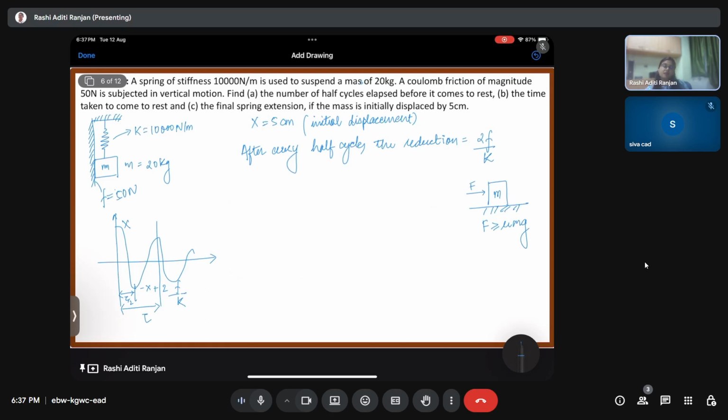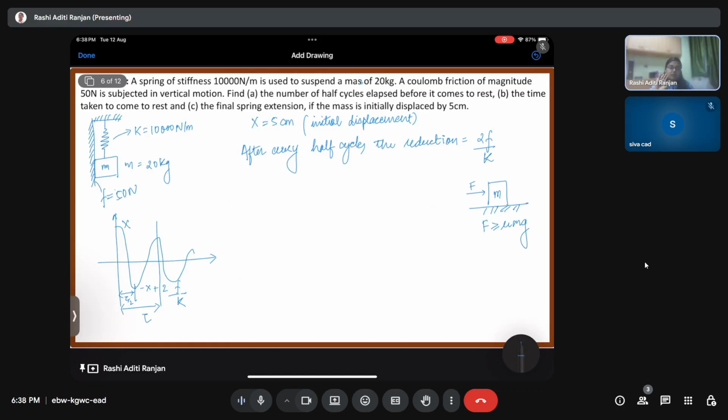Though my mass must have not come to an equilibrium position, because of this friction, whatever the force that my mass is having because of the spring stiffness, right? Because of the spring, if it is not coming back to the equilibrium position, the spring is always going to apply the force. But if for that force my mass is not moving, why is it happening?